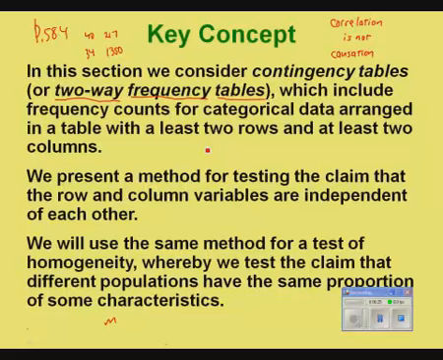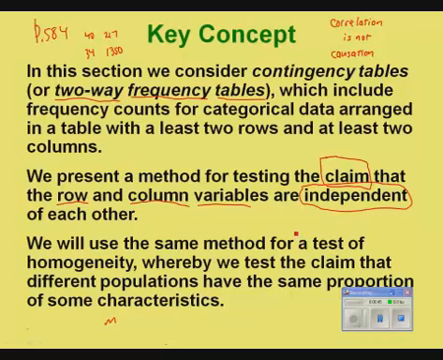But what are we doing here? We're going to study these tables. We present a method for testing. Here's the claim, that's the big guy. What's the claim here? That the row and column variables are independent. That's something we've had all along.